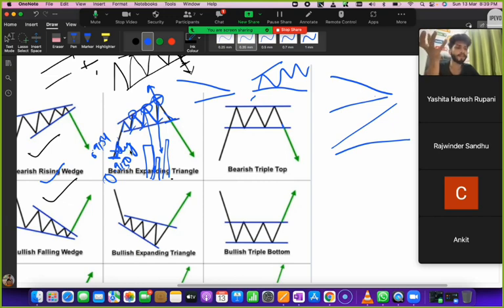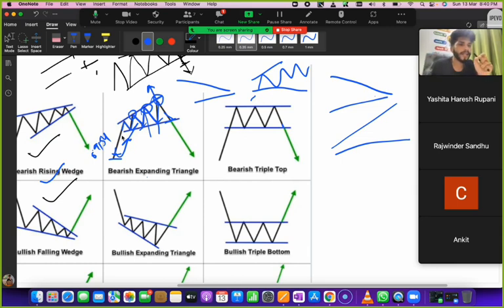Be aware of that, because financial institutions and big hedge funds are also observing these kinds of patterns. They know that every retailer is a fool, let's say. So what they will do is, price will come up right at this point, and they start to place buys, and boom, your profit just goes in vain.